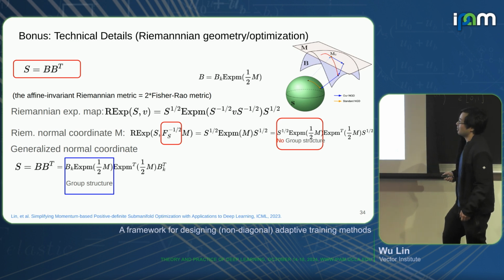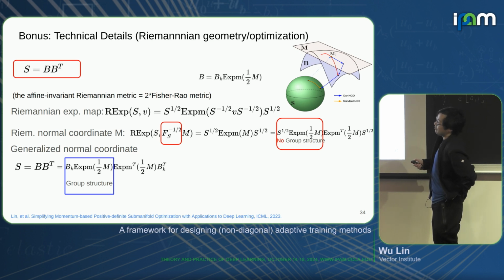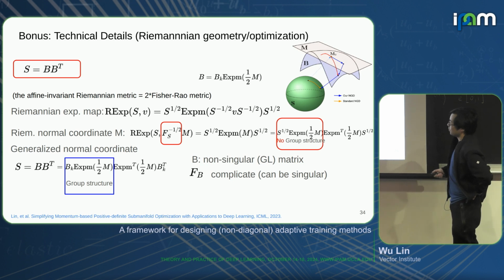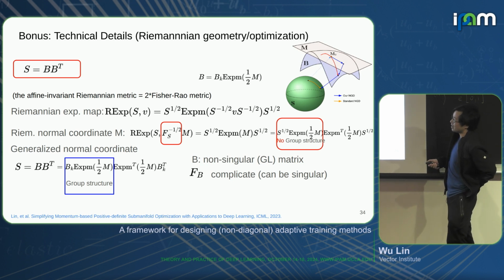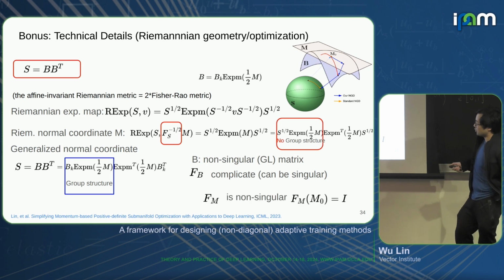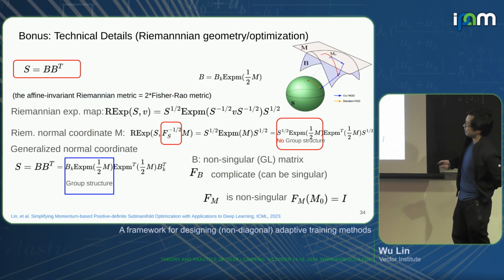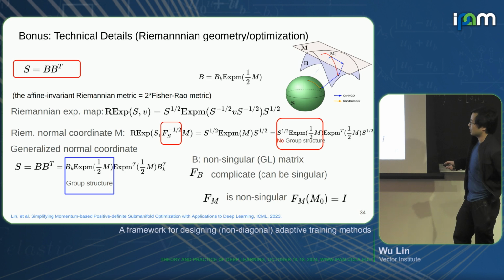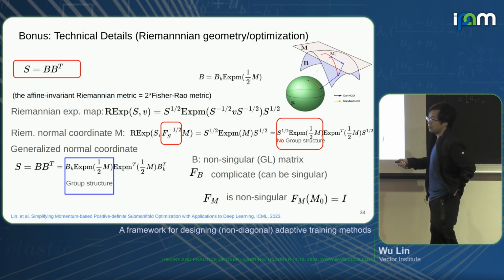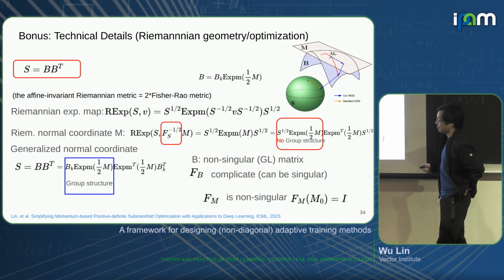Why does this matter? Because in this case, with everything dense, we have a closed form solution. In these coordinates, the Fisher information matrix becomes the identity matrix. If we use the Fisher information matrix of this matrix B, it's actually complicated and sometimes can be singular, so I cannot analytically invert it. But if I use these coordinate systems, I can easily invert it, it's just the identity matrix.